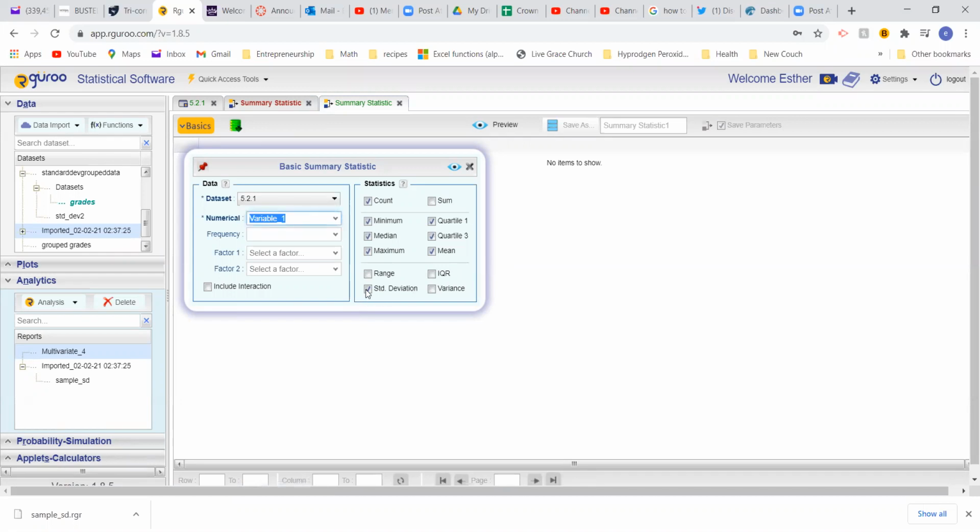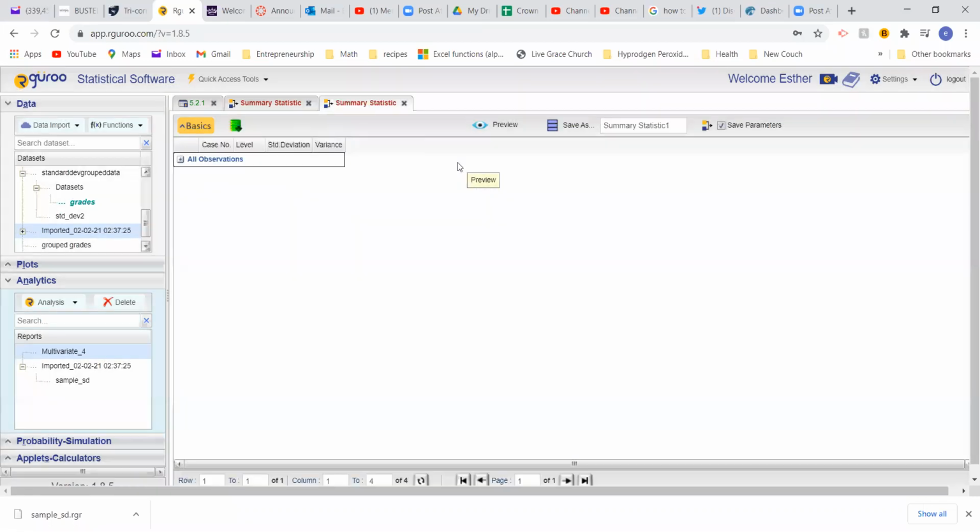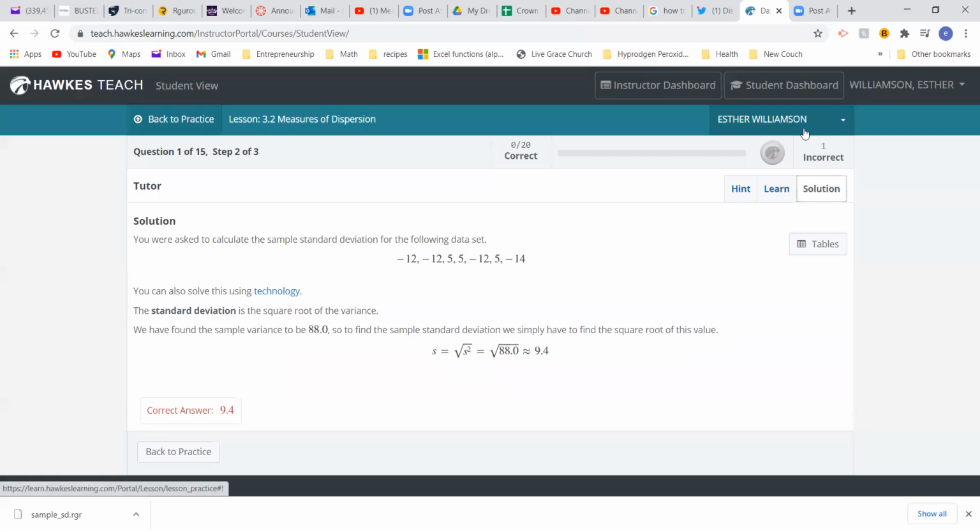This time I'll select standard deviation and variance. Click all observations. Now I get 9.3808 with a variance of 88. Notice they rounded the correct answer to 9.4.